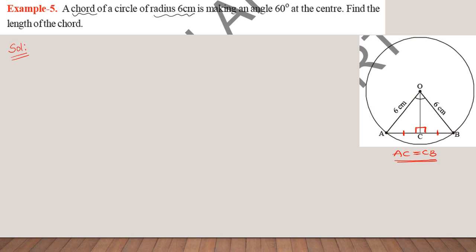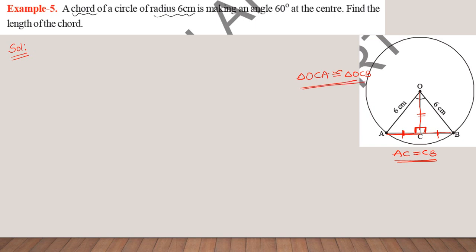Okay, next, one more thing. Here, this is a right angle, this length is equal to this length, and this is my common side. By RHS congruency, these two triangles, triangle OCA is congruent to triangle OCB.